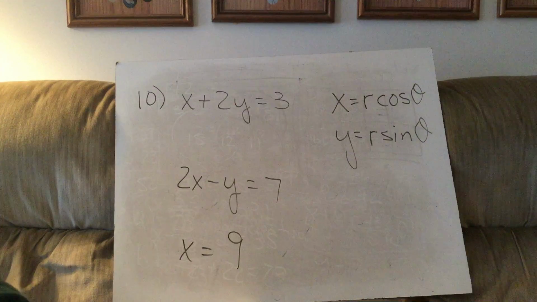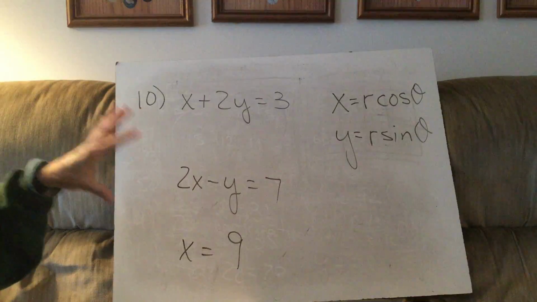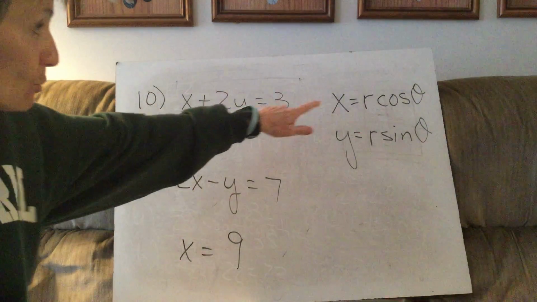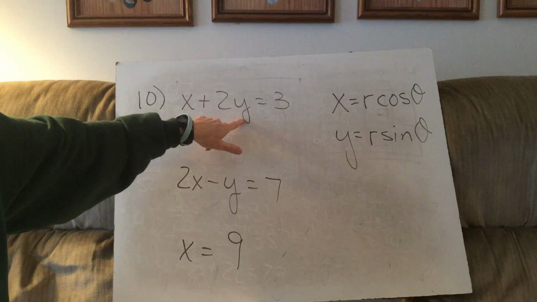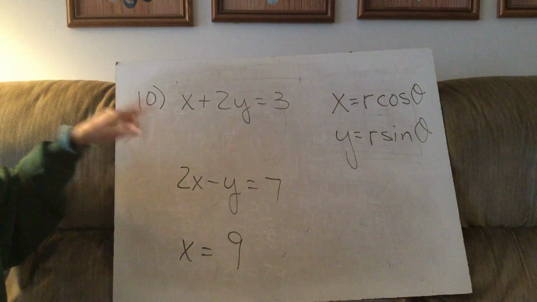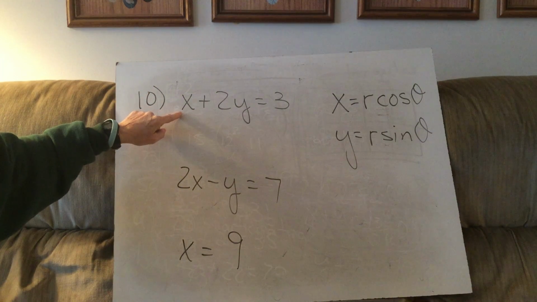Now, the reason that I said these problems are so incredibly easy is because all you need to do is take those things and substitute them in for your x and y. So here's what I mean. Well, first of all, this is what we call a rectangular equation.